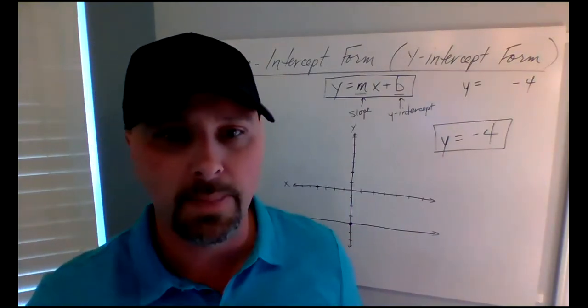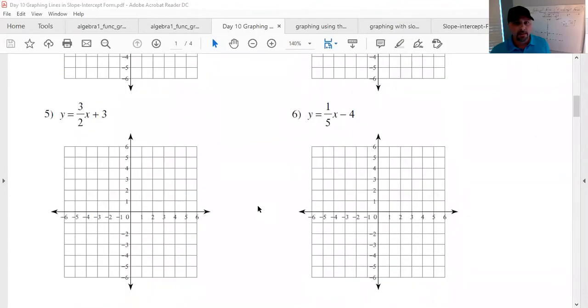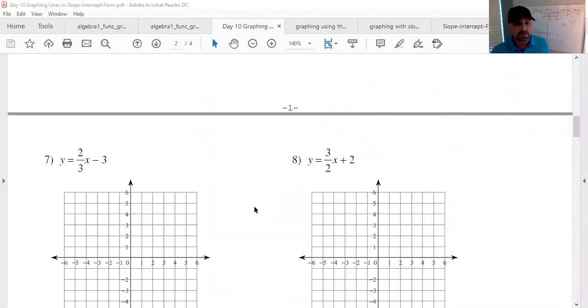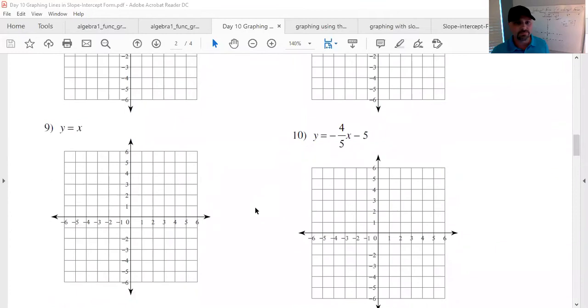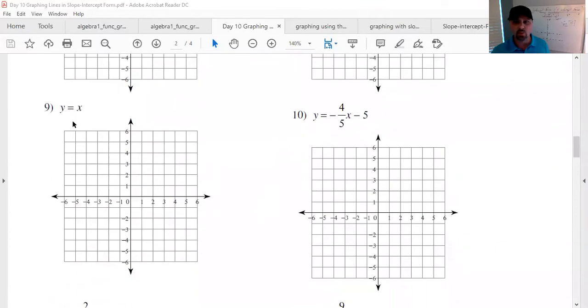Go back to the sheet. I think you can do all these. Take a look at number 9. Y equals x. That's a function. Let's think about what that is as y equals mx plus b.